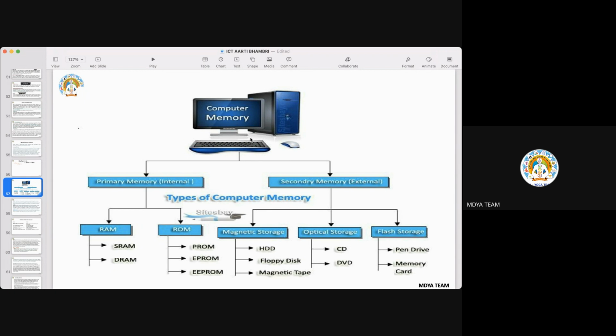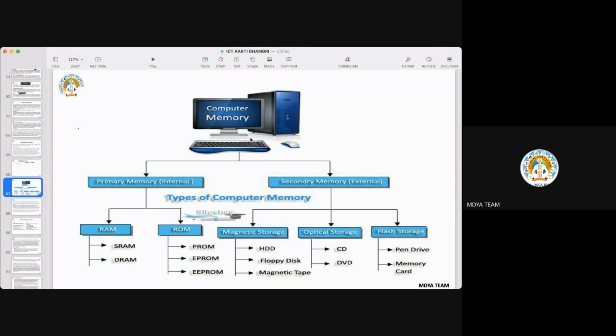Ma'am, in this one, is cache memory ROM only, or RAM? We'll see later, I'll give you all the information.